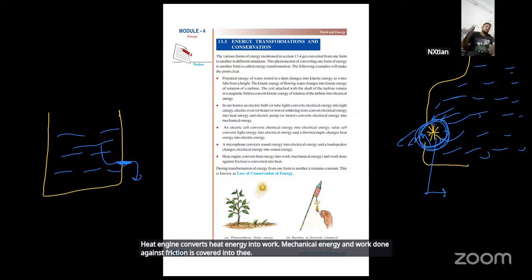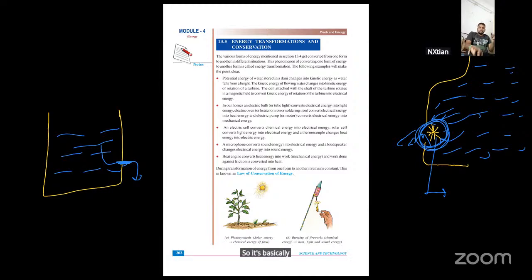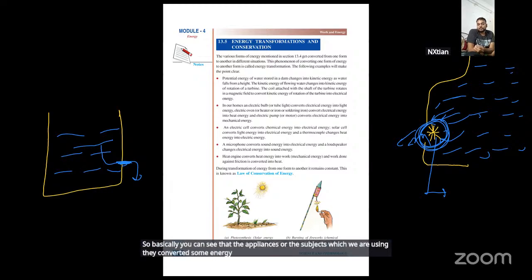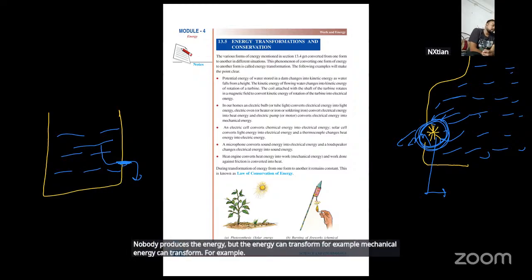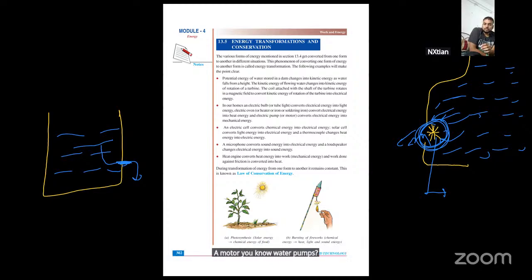So basically, you can see that the appliances which we are using convert some energy into some other energy. It's not that they produce energy. Nobody produces energy, but energy can transform. For example, mechanical energy can transform. I'll tell you one example: a water pump motor.